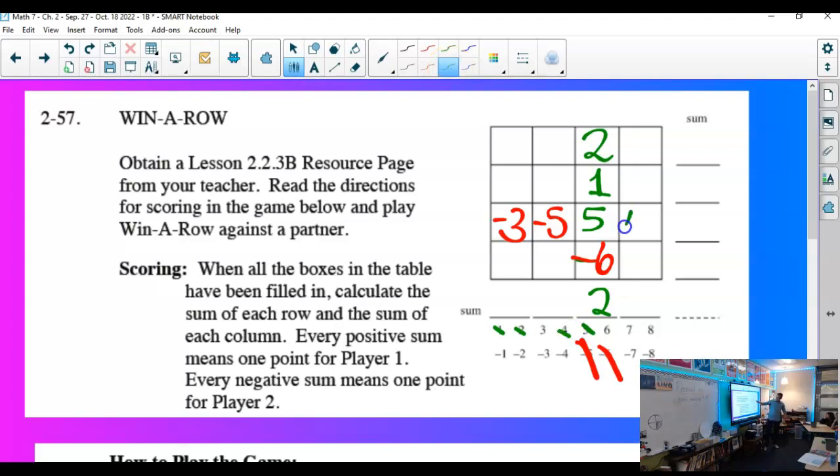I'm going to put it here, and then our total would be +1, and I win that row. Does that make sense? You can win columns or rows. It doesn't matter. So I've won a column and I've won a row. Right? I've won twice. Miss Martin forgot to cross out her -3.